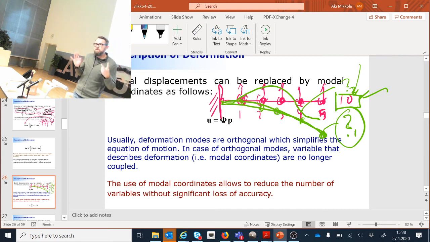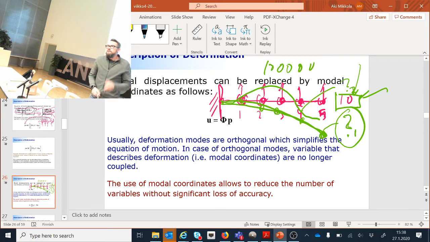Why? Because if I have 10,000 different ways that the structure can deform, and you think about the natural frequencies associated with them, some of them will be associated with very high frequencies. Maybe they don't make much of a difference in terms of multibody dynamics. And that used to be the practical case. Okay, so that's how it goes.